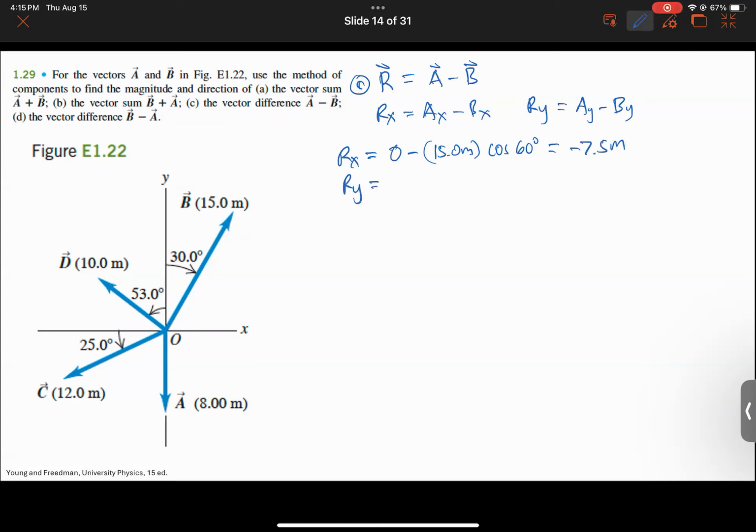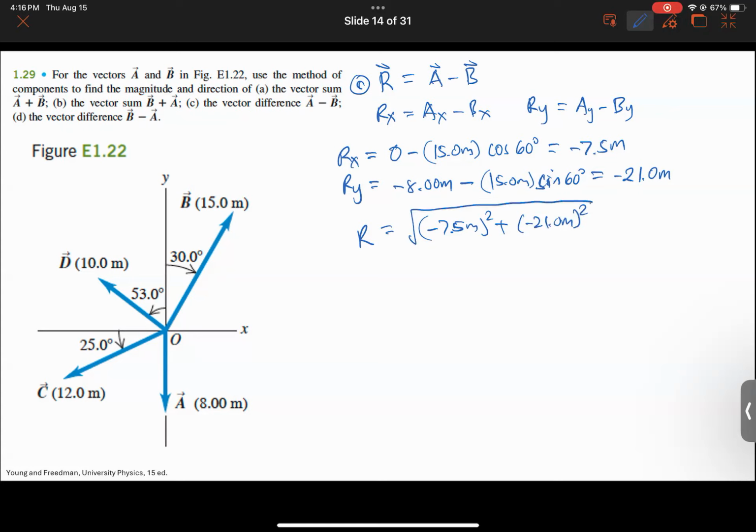Ry is Ay, which is negative 8 meters, minus By, which is 15.0 meters times sine ng 60 degrees. Okay, so negative 21.0 meters. So ang resultant vector natin ngayon has a magnitude of square root of negative 7.5 meters squared plus negative 21 meters squared. Okay, and if you do the math, you'll end up with 22.3 meters.